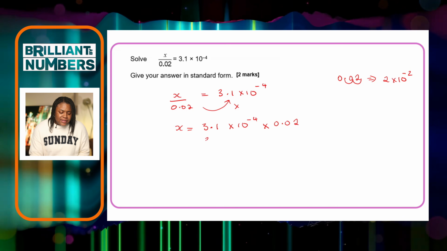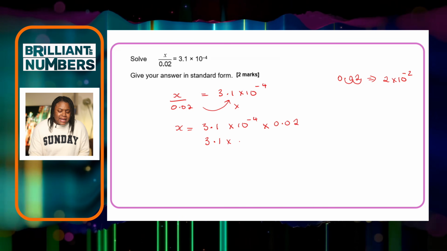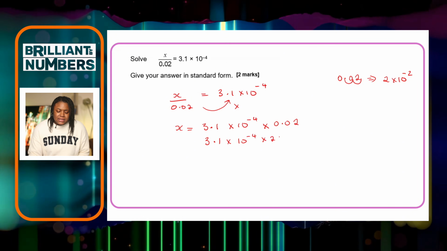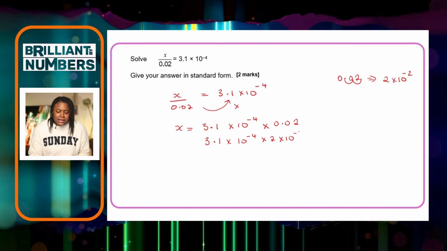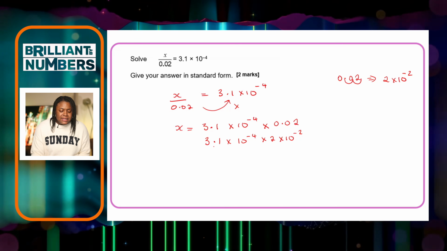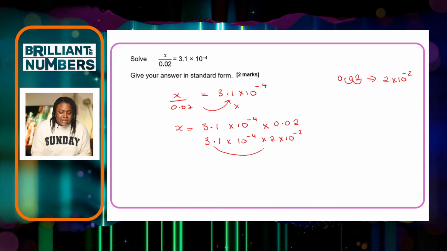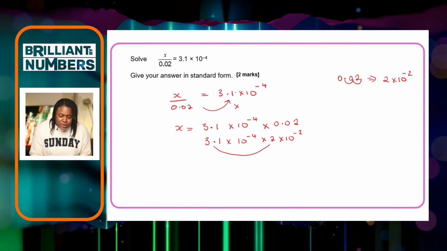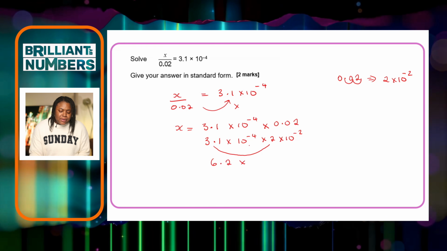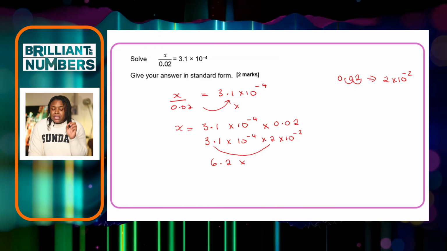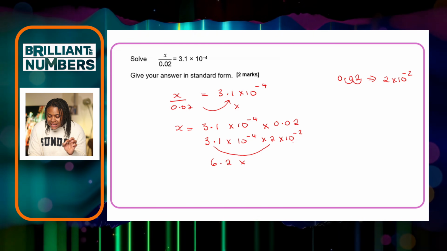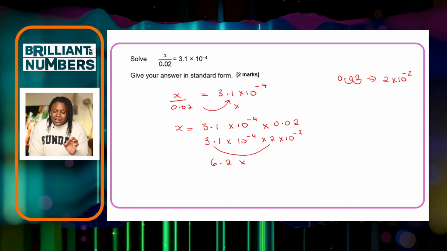So I'm going to rewrite this now: 3.1 times 10 to the power of minus 4 times 2 times 10 to the power of minus 2. I'm going to be collecting my like terms, so I need to multiply 3.1 times 2. Double 3.1 is 6.2. And then remember, in indices, when we are multiplying and the base is the same, as in 10 and 10 here, we need to add our powers.